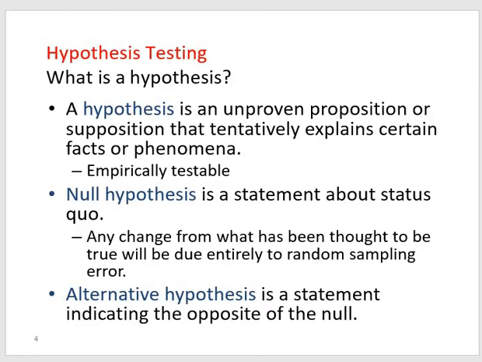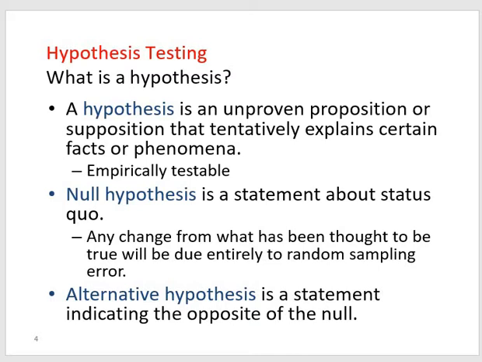Let us first start with the first concept of this statistical method of evaluation, that is hypothesis testing. Now what is a hypothesis? A definition says a hypothesis is an unproven proposition or supposition that tentatively explains certain facts or phenomena.